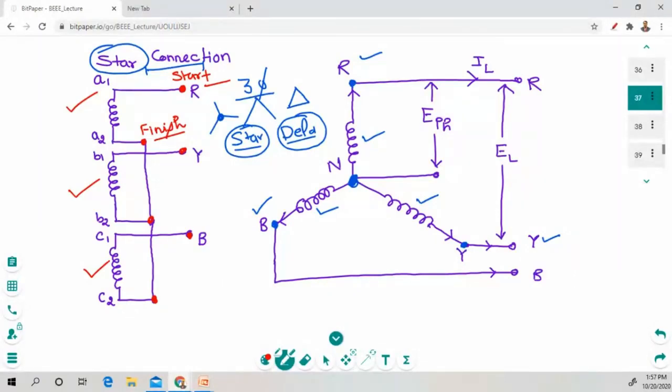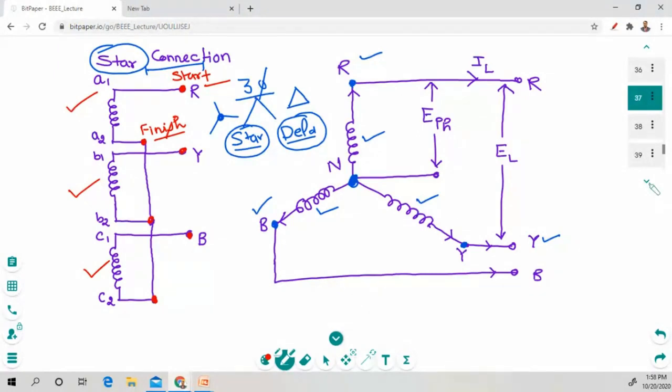Sir, are the three-phase R, Y, B points a voltage source? We cannot say that this is a complete voltage source. They generate a force. Actually, when we pass current through this inductor, it produces some phases.